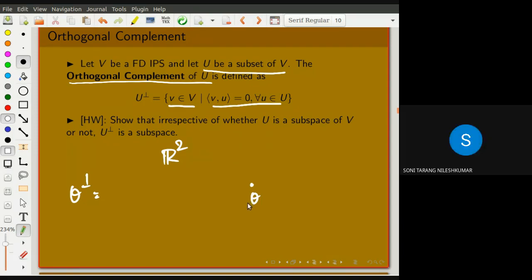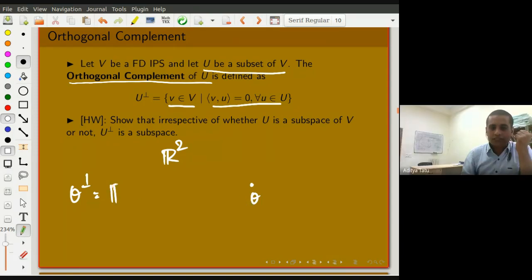All vectors. So theta's orthogonal complement is R². How about U being given to be this vector (1, 0)? What is the orthogonal complement of U?